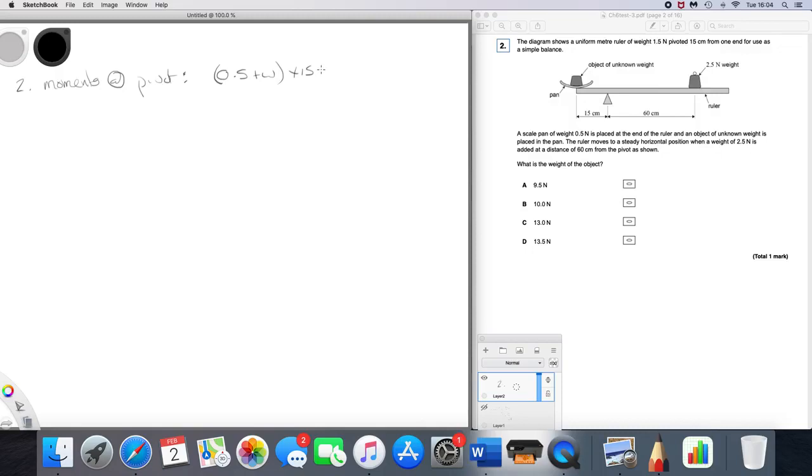and we have our 1.5, the weight of the ruler, and that's going to be 35 centimeters from the pivot because it's going to be at the 50 centimeter mark. So if that's 15, 50 is going to be 35 from here.